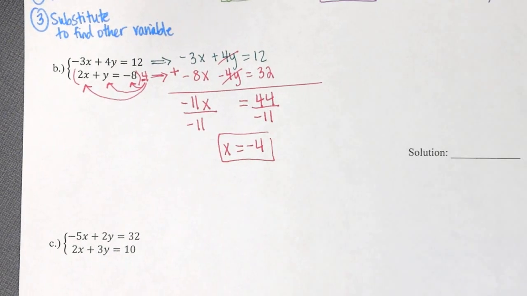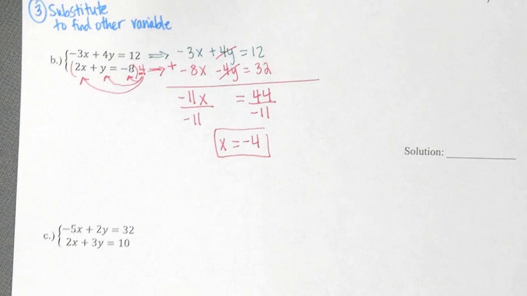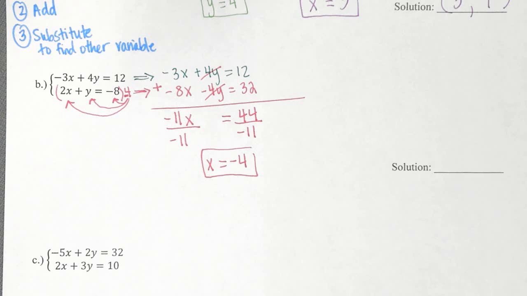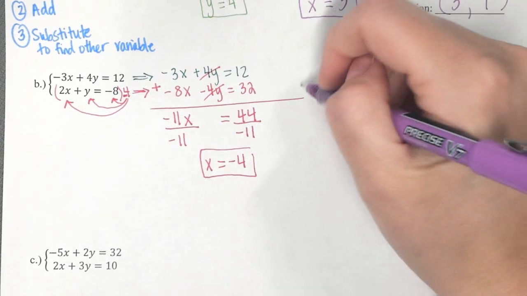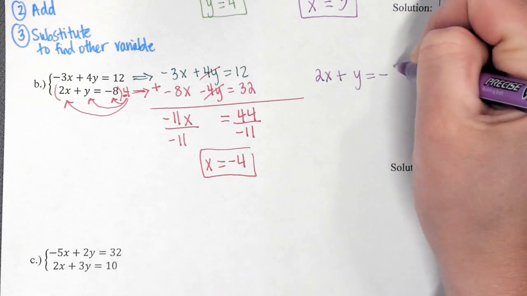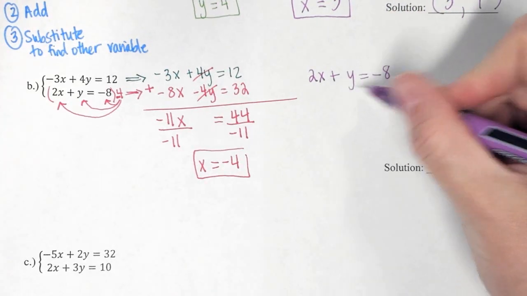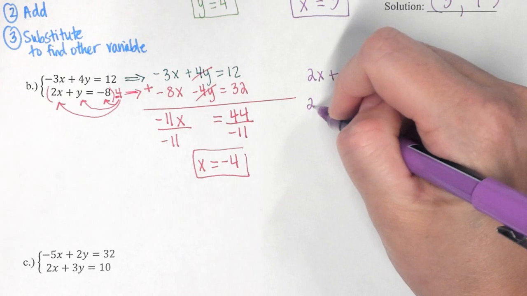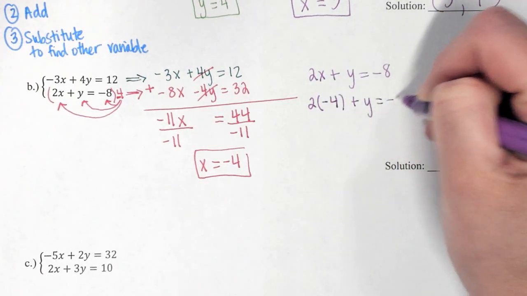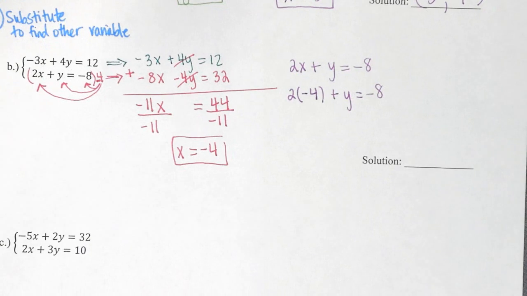So you really have to pay attention to those signs, or else your negative is going to be off here. Okay, and then when you have 2x plus y equals -8, again, you don't have to choose this one. I chose it because I thought that it looked a little easier. So if you chose another one, don't worry about that.